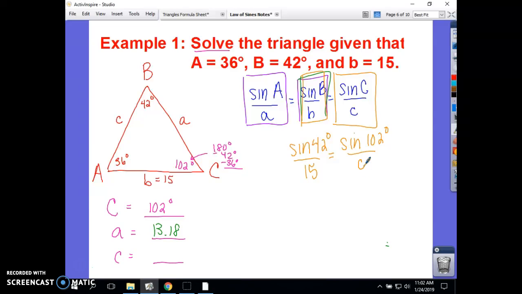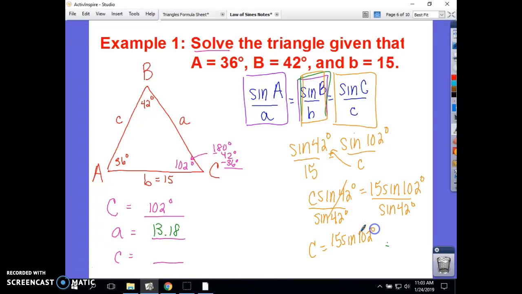Okay, now we're going to do the same thing and cross multiply. So we're going to get c sine 42 equals 15 sine 102. Okay, and then get c by itself, divide by sine 42, and c equals 15 sine 102 divided by sine 42, and we're going to type that in our calculator.